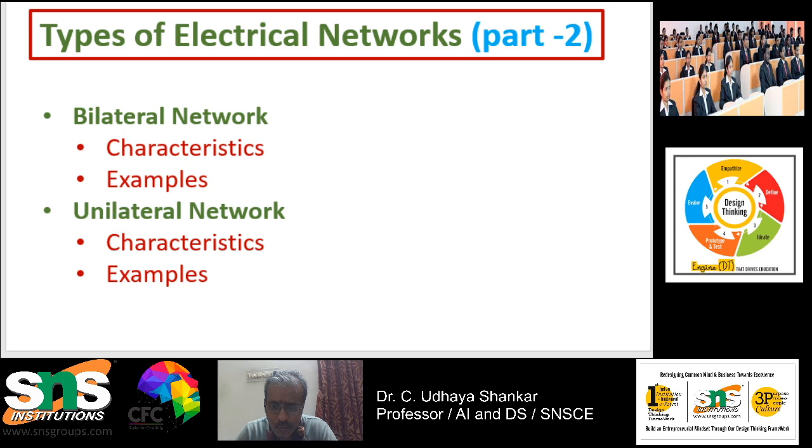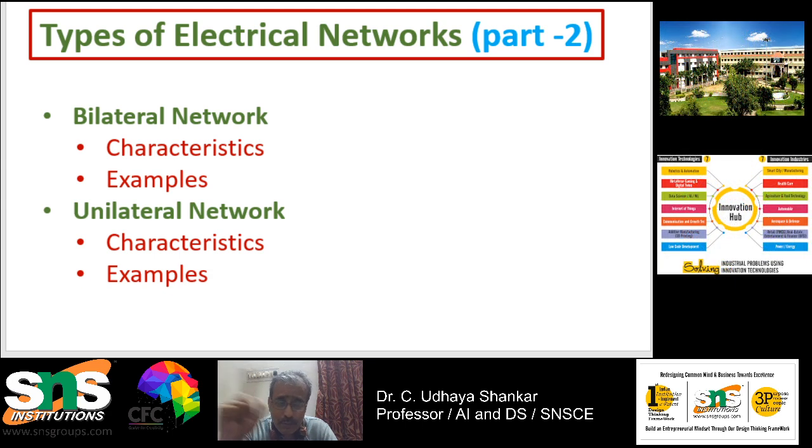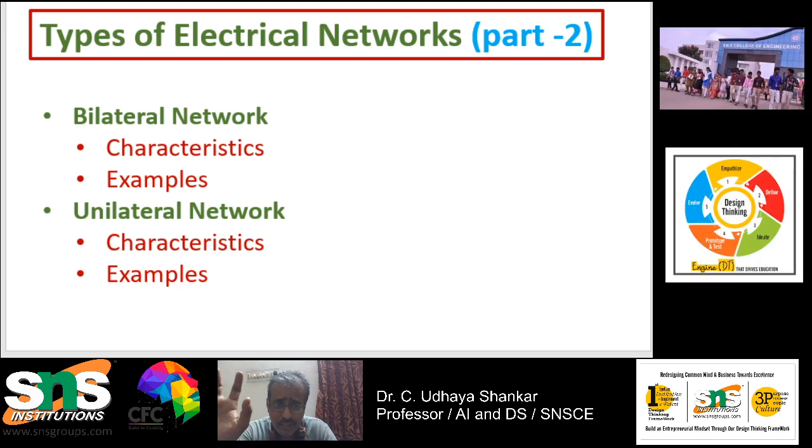Now, what is a bilateral network? A bilateral network is a circuit in which the behavior is the same irrespective of the direction of current. The behavior should always remain the same irrespective of the direction of current through the elements in the circuit.